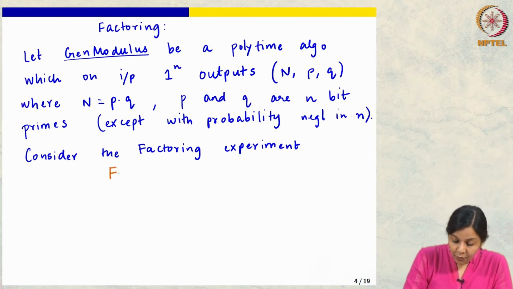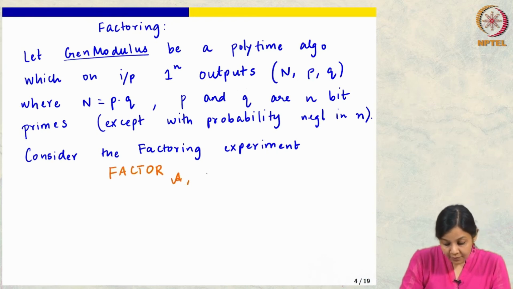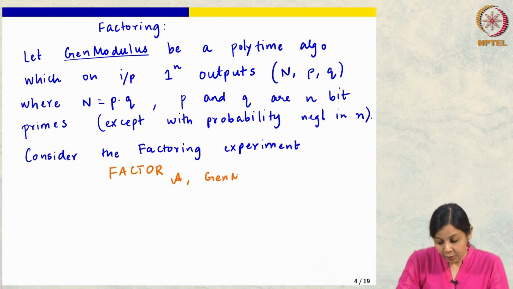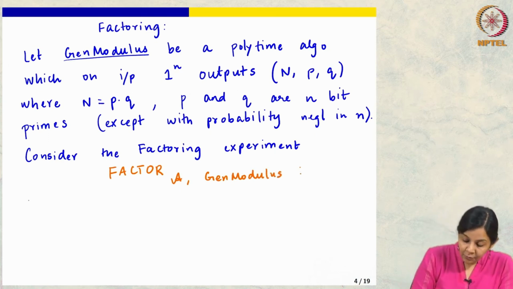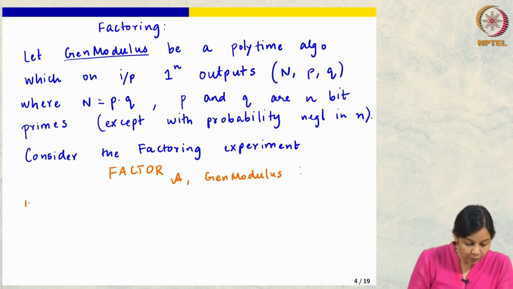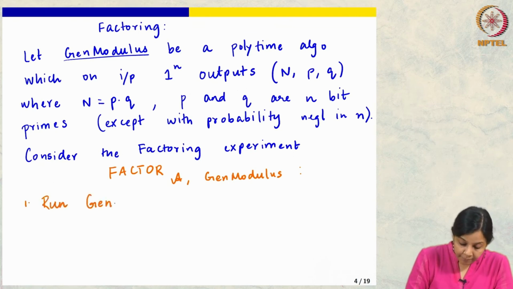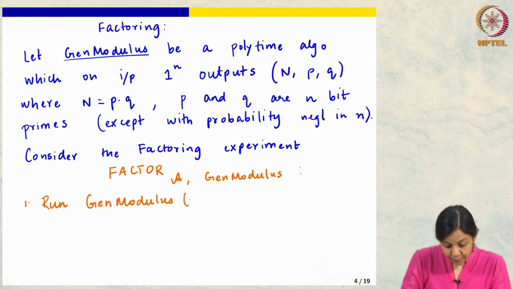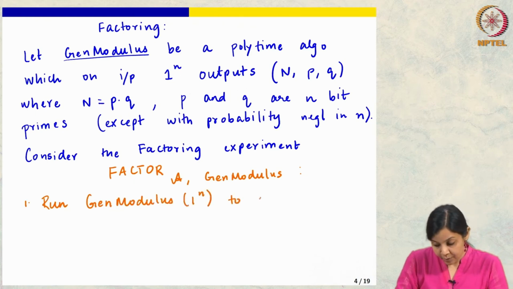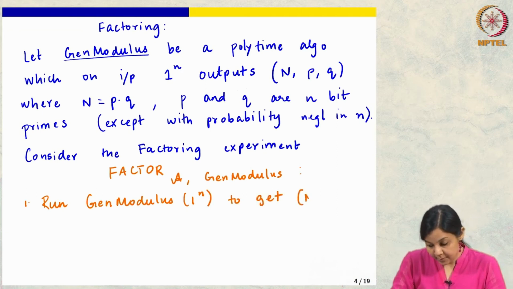I am going to call this experiment Factor, for some adversary A and for some gen modulus algorithm. Okay, and what is this factor experiment going to do? So, it will run gen modulus to get N, P and Q.